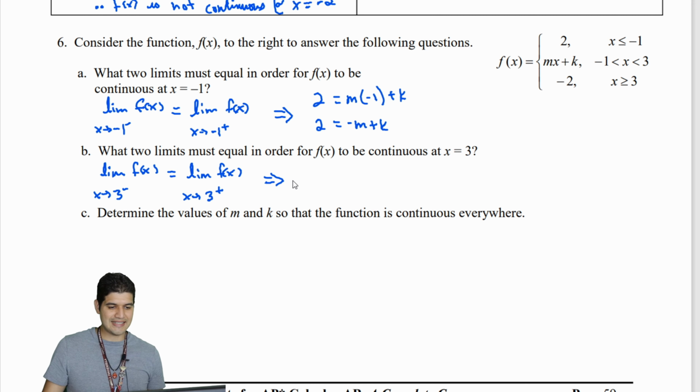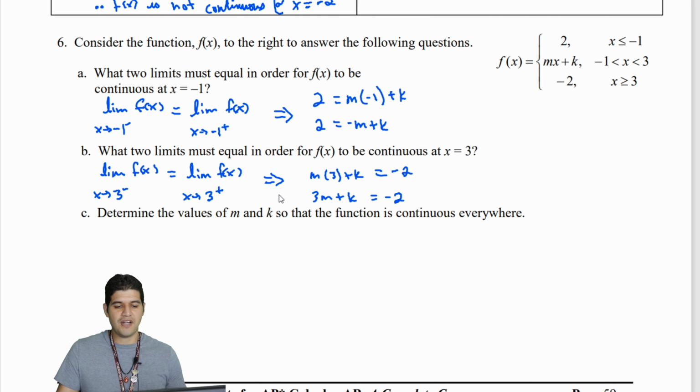Well, what does that say for us? The left-hand side of 3 is going to be using our second equation. So m times 3 plus k must equal the right-hand side, which comes out to be -2. Let's simplify this. We're going to get 3m plus k equal to -2.